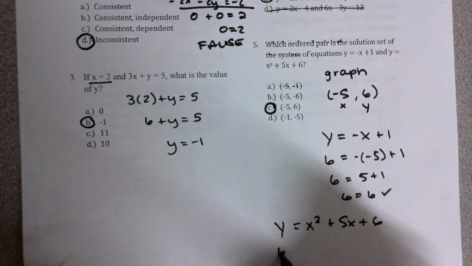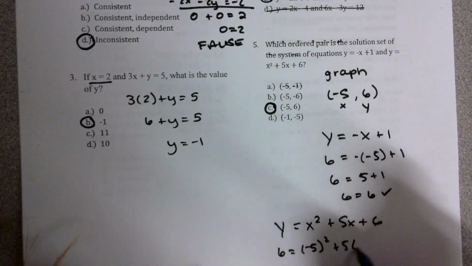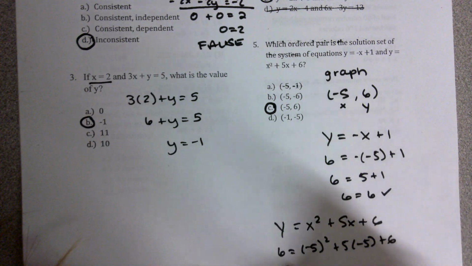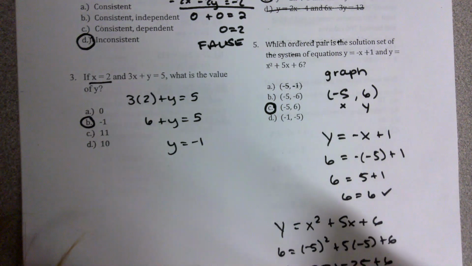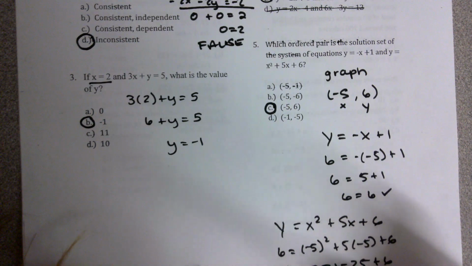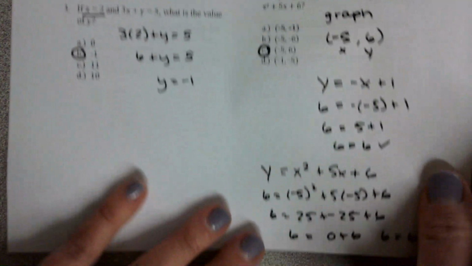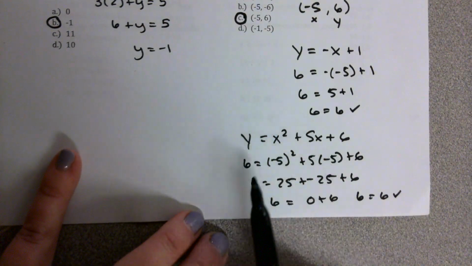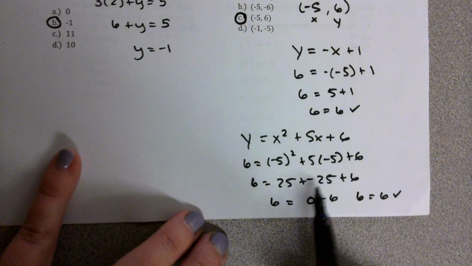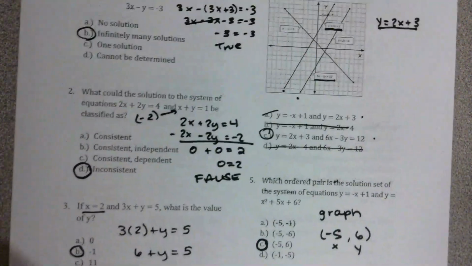If y is 6 and x is negative 5, will this work? All right, so we plug in negative 5 and then negative 5. We get 25, negative 25. They cancel, and it's true for both.